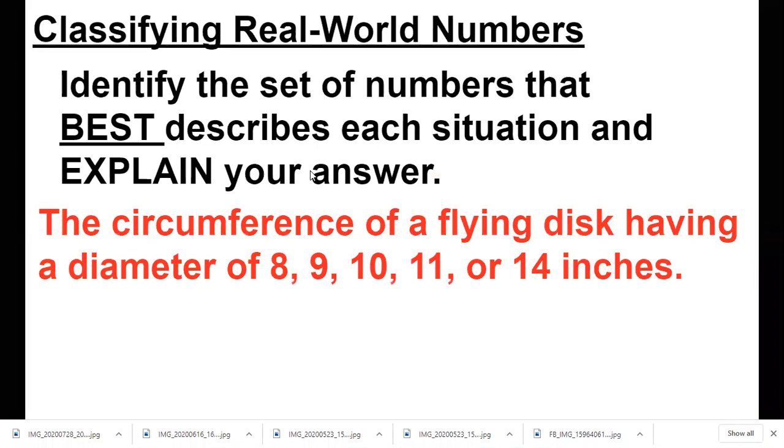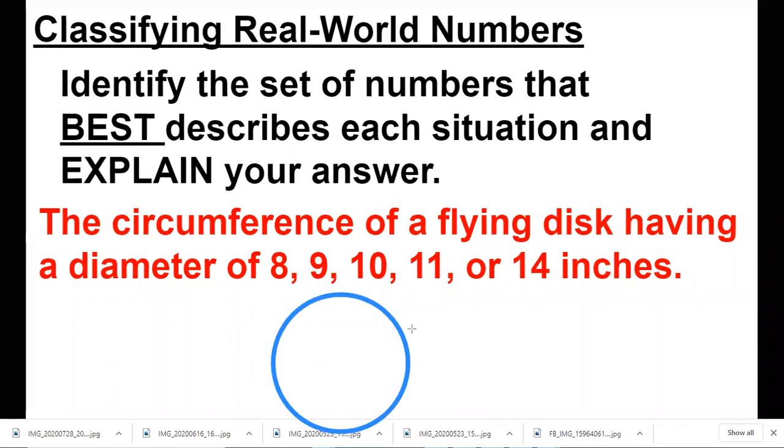The circumference of a flying disc having a diameter of 8, 9, 10, 11, or 14 inches. What would be the best number category to describe the circumference of this disc? Remember, circumference is the distance all the way around the circle, or all the way around our disc.